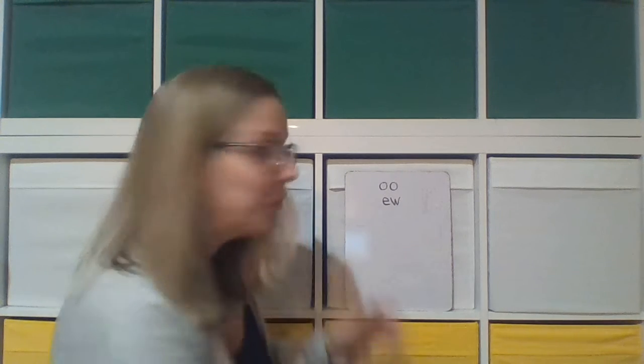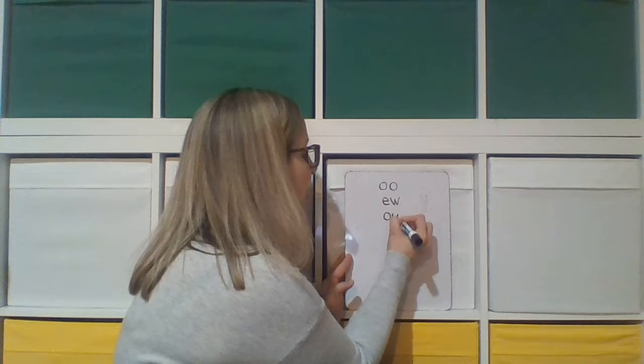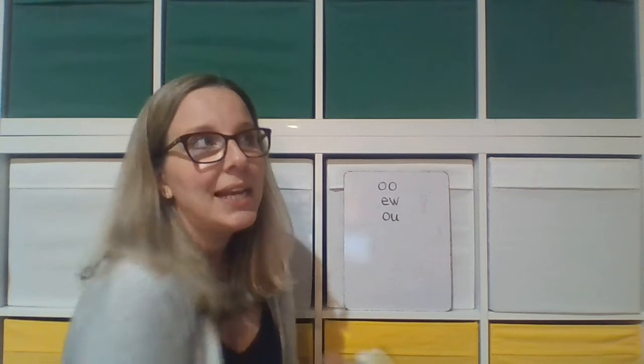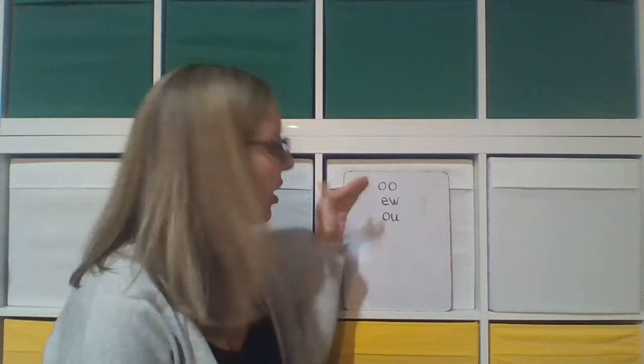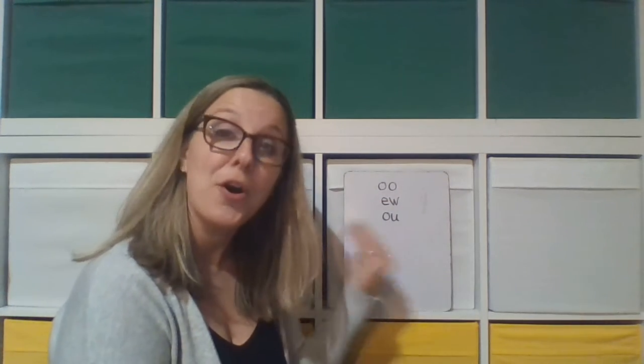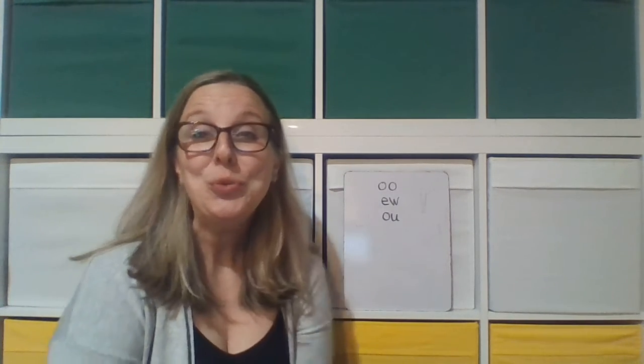And the other way that we're going to learn this week is the OU, okay? OU together make the ooh sound, like on a cold day when you eat a warm bowl of soup. So all of our words this week are going to have either the OO, the EW, or the OU pattern, but they will all make the ooh sound.